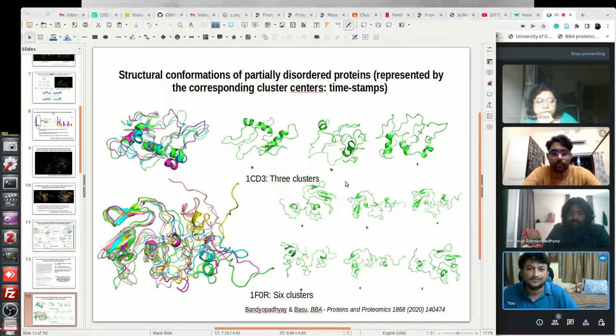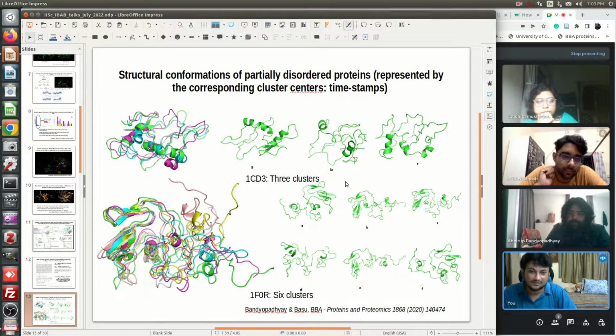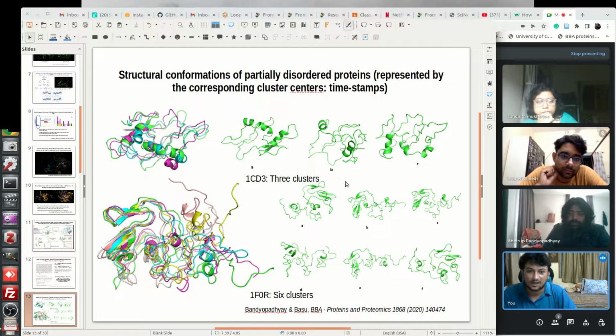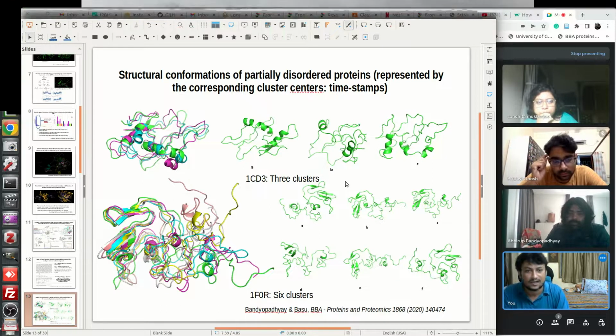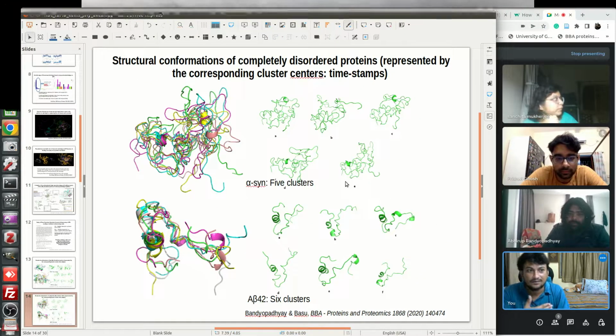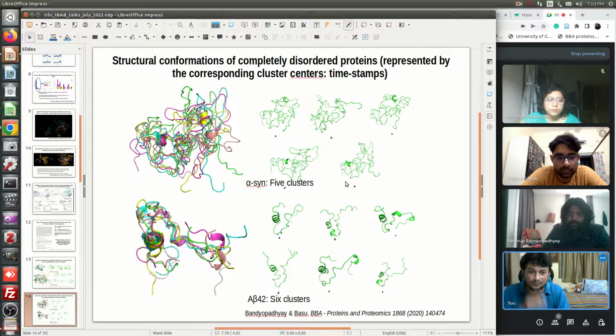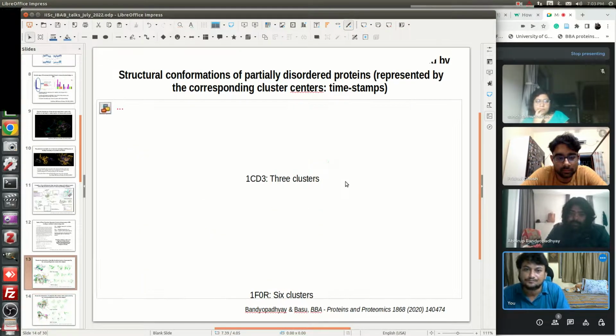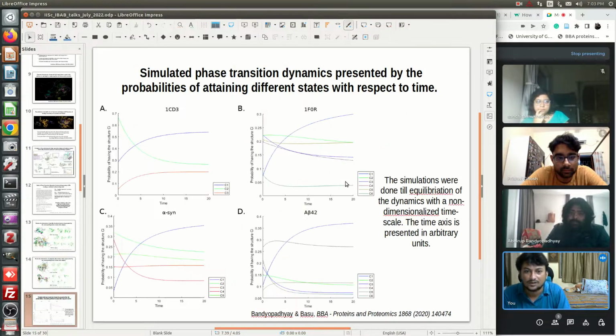This we figured out by RMSD. We put multiple cutoffs on RMSDs, did a clustering and figured out the different structured clusters, and then we took the central conformation from each cluster as a representative one. And this is the same for partially as well as completely disordered proteins. And then we started the simulated phase transition dynamics.